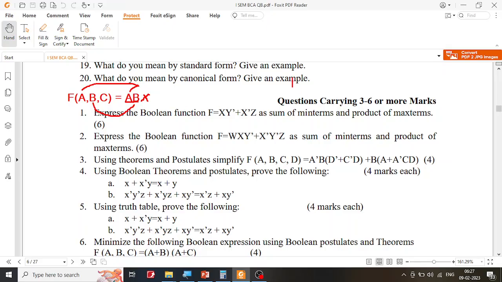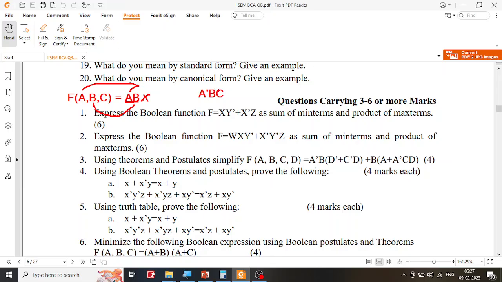Suppose if you have this term, let's say a dash, let me write it as a dash b c. This is a min term. Why it is a min term? It contains all the three variables either in the inverted form or in the given form, that is the true form.